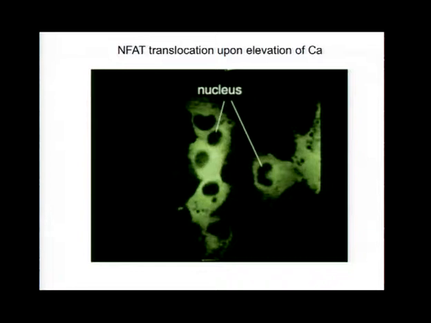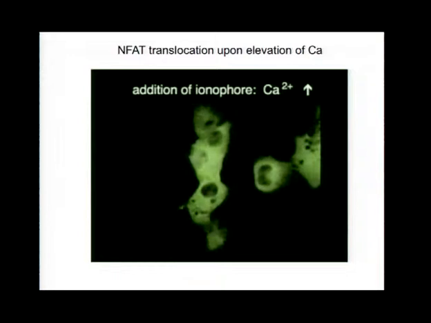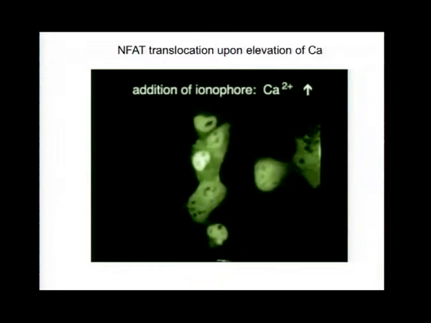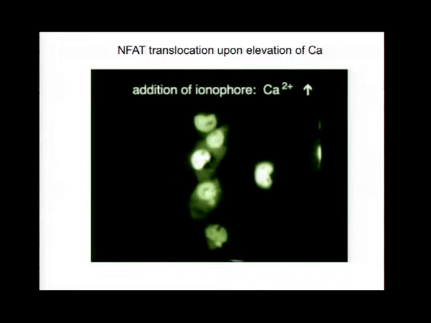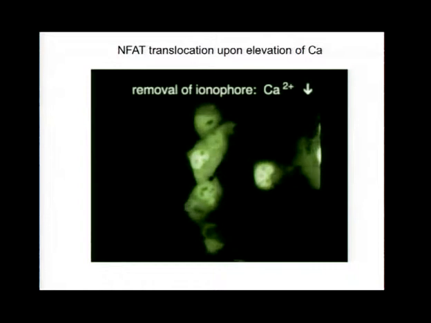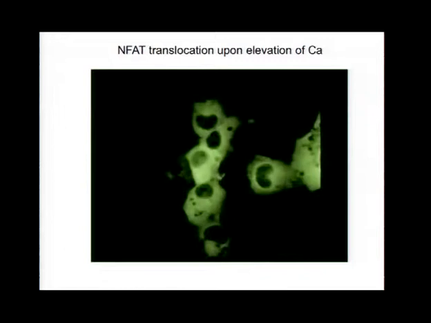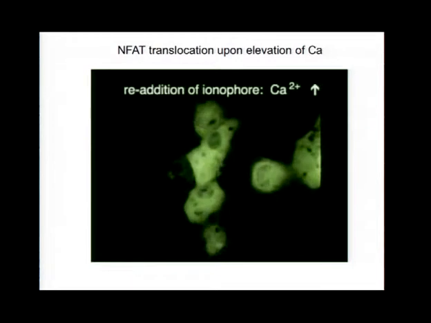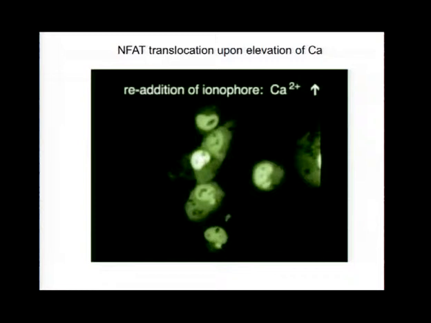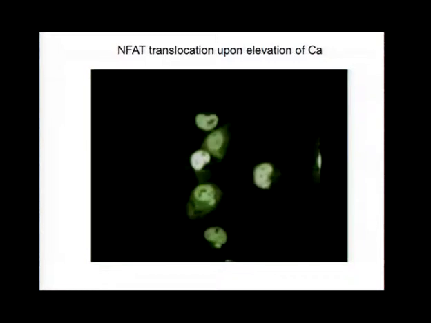We're going to add this ionophore into the bath, and you'll see the signal moving from the cytoplasm into the nucleus, all right? So that was something that under normal conditions was being held outside of the nucleus and then basically gets concentrated. If the calcium level falls back down, this molecule gets exported, all right? And so we get rid of the transcription factor. It says we don't need more of whatever is being produced in the nucleus.